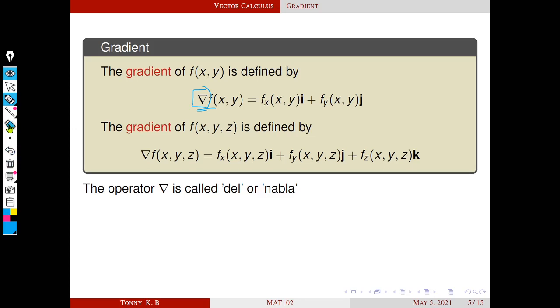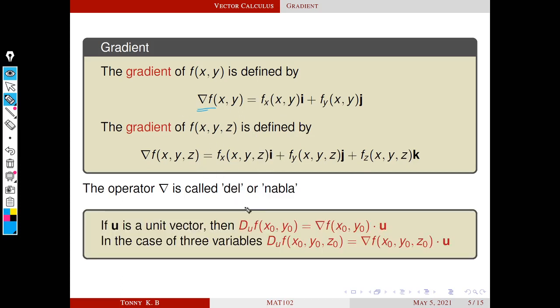So this is called del f. What is del f? Del f is called the gradient of the function, and it is defined like this. In the three-variable case, del f is defined like this. So del f is always a vector using partial derivatives.